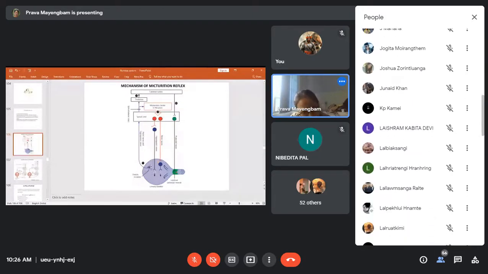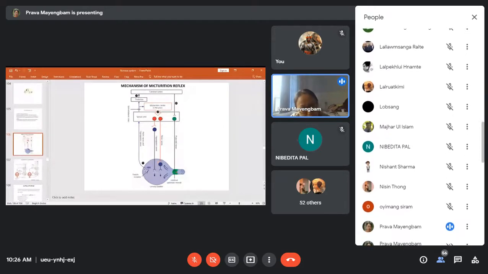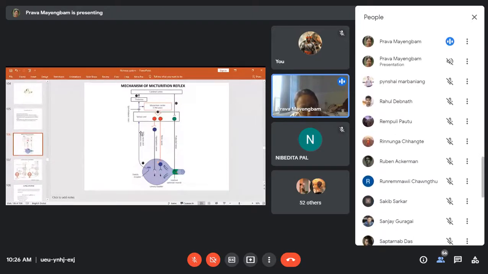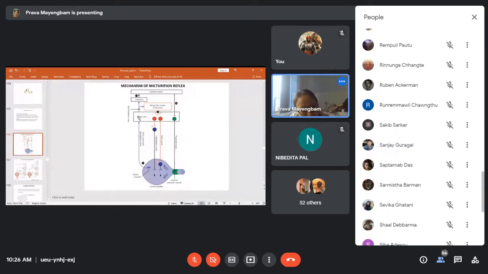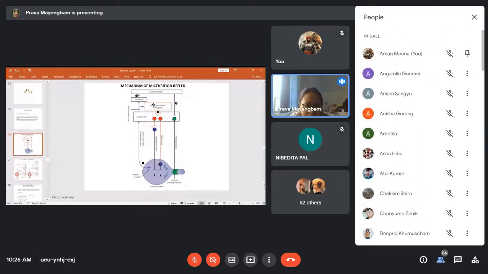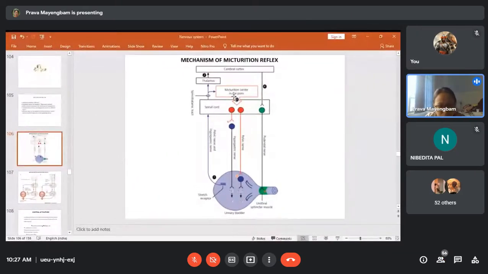At that time this sensation will go through the pelvic nerve and the hypogastric nerve to the spinal cord, and then it will reach the pons. That is called the pontine micturition center. So you remember this. Where is the micturition center? The micturition center is the pontine micturition center, located in the pons.